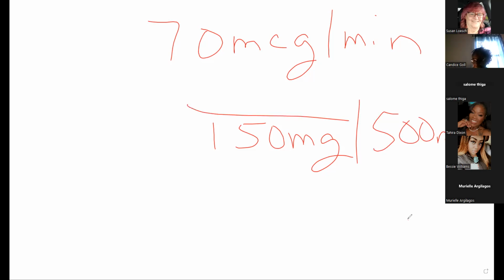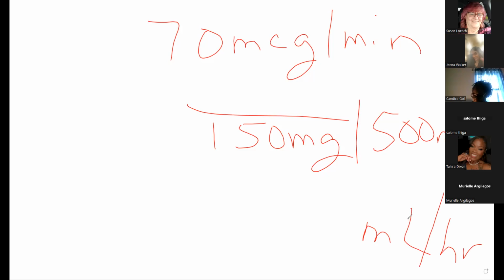Okay, so in order to do this, what do you have to do? Because you're going to end up with this. So what do you need to do here? Convert. So convert this 70 by dividing it by 1,000, and that will get you milligrams. 0.07.